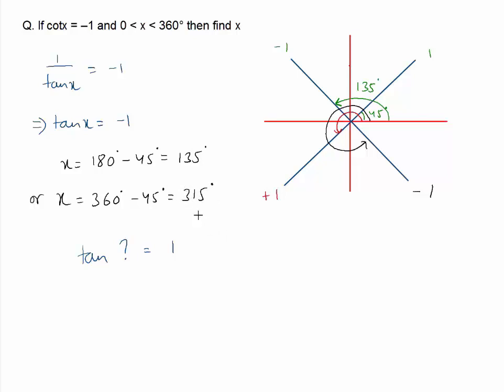So x is either 135 degrees or 315 degrees. We can also write this in terms of pi if you want, by multiplying these terms by pi by 180. This would give the angle in radians and so on.